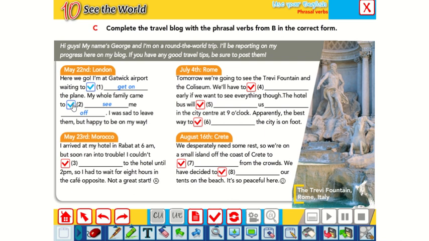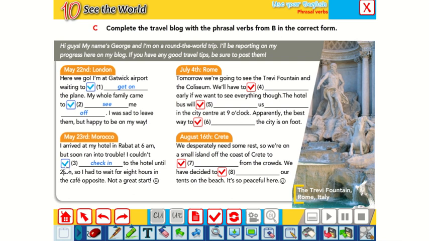Yes, correct. I couldn't check in. I couldn't check in to the hotel until 2 p.m. So I had to wait for 8 hours in the cafe opposite. Not a great start. So check in to the hotel, okay?